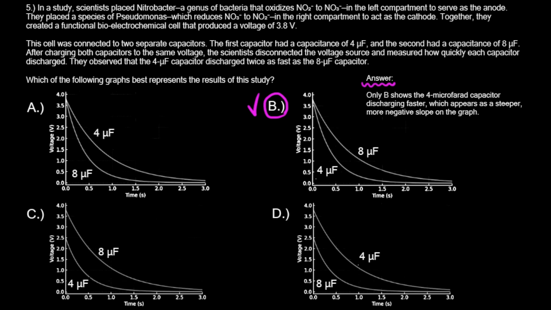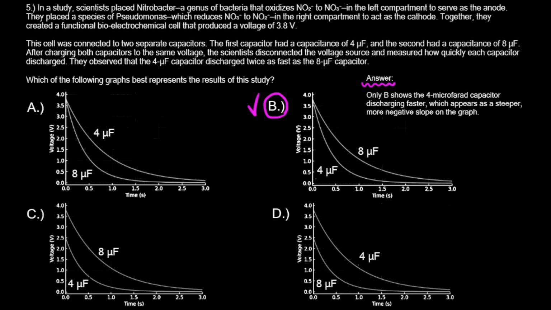Now let's look at the answer choices. The first thing you should notice is that options A and B look similar to each other, and then options C and D also look similar to each other. But here's a key difference. In A and B, both capacitors start at the same initial voltage, while in C and D, they start at a different voltage.